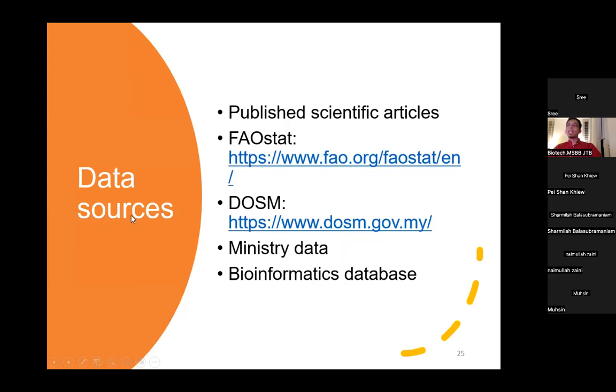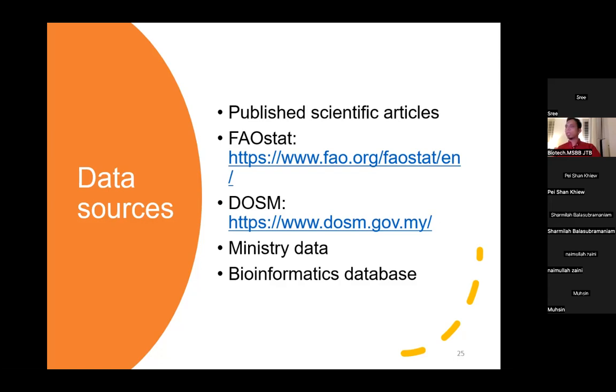So what are the data sources for existing data? We can get it from published scientific articles, from FAOSTAT, from DOSM, ministry data, or bioinformatic databases. In bioinformatic databases, we have GenBank, DNA, protein structures, all from bioinformatic sources.